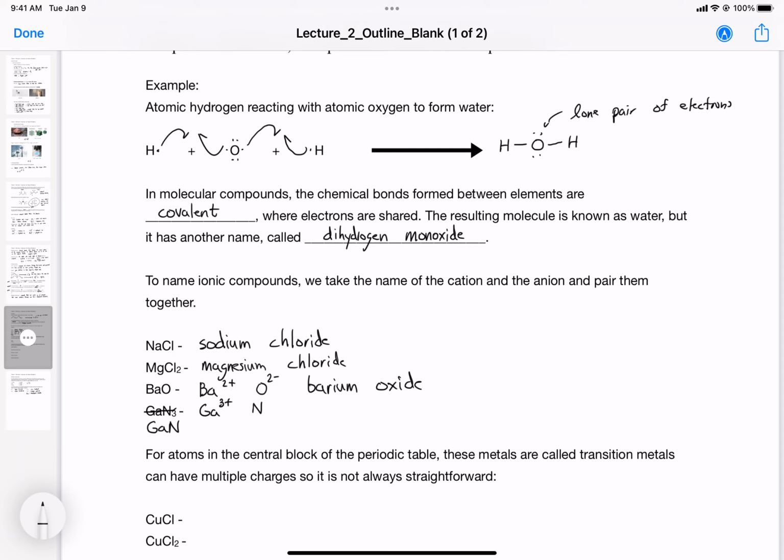So you subtract 6 from 8 to figure out how many electrons it needs to get an octet, and that number gives you the charge it will have when it combines in ionic compounds. So for oxygen, 6 from 8 is 2, so it'll be 2-. Nitrogen's in group 5, 5 from 8 is 3, so nitrogen is 3-.